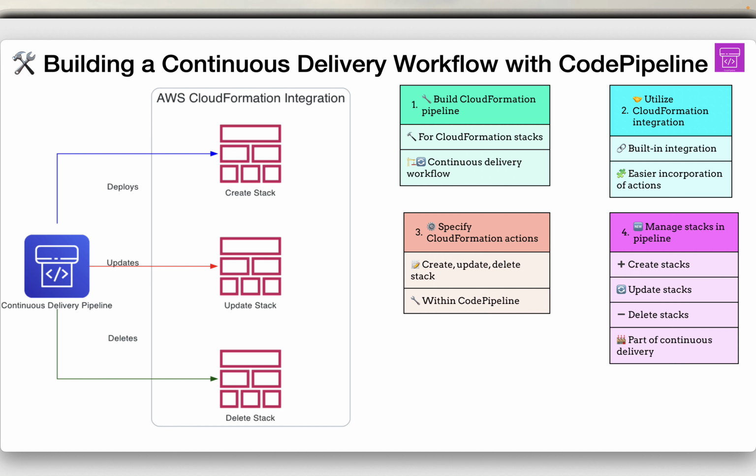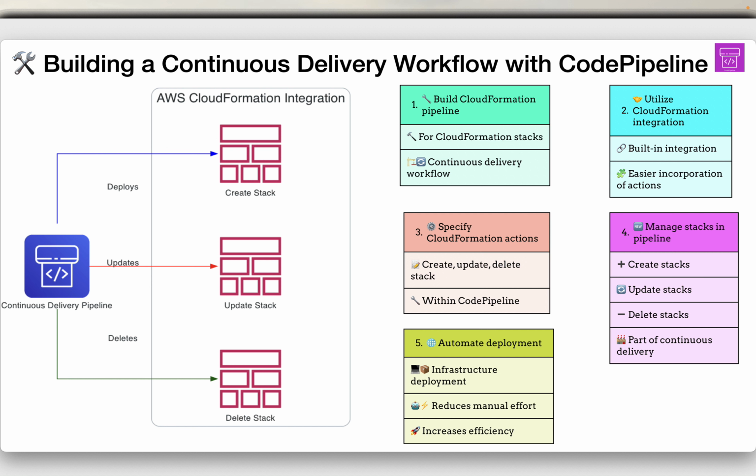By including CloudFormation actions in your pipeline, you can automate the creation, updating and deletion of stacks as part of your continuous delivery process. Leveraging CodePipeline and AWS CloudFormation together allows you to automate your infrastructure deployment process, reducing manual effort and increasing efficiency.